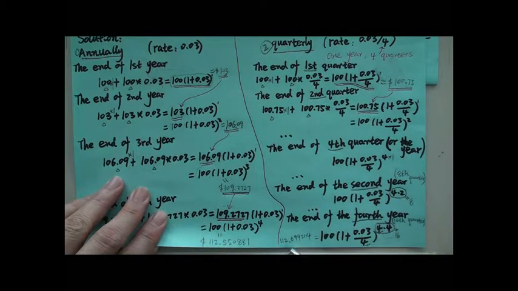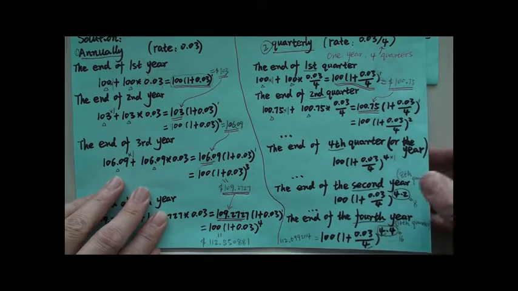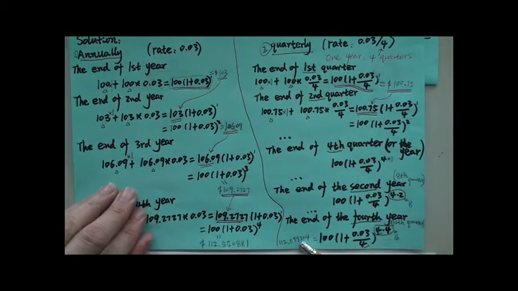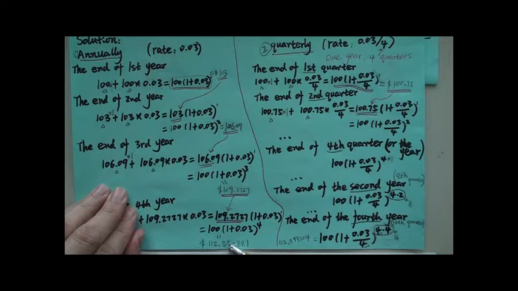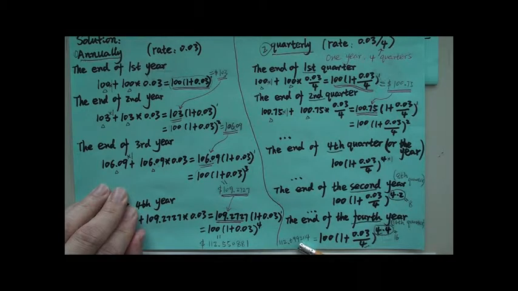The final answer is $112.6992114. You can see this number compounded quarterly is slightly bigger than that. So that's the advantage of calculating the interest quarterly. You get a little bit more, about 14 or 15 cents more.